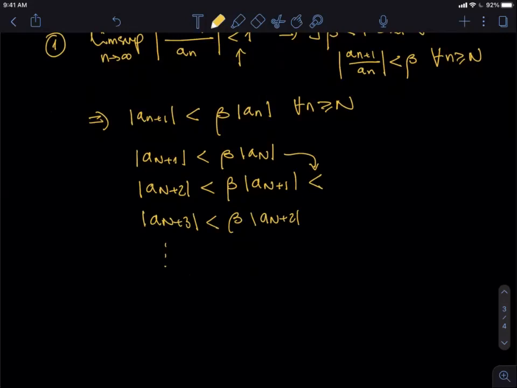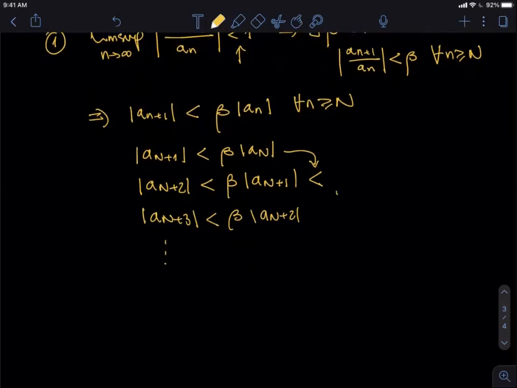So for example, a_{N+2} becomes less than beta squared a_N, and then a_{N+3} becomes less than beta cubed a_N.